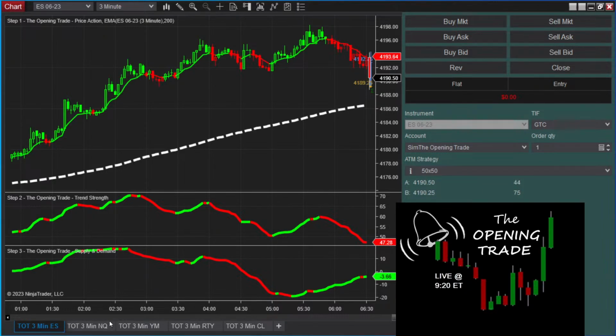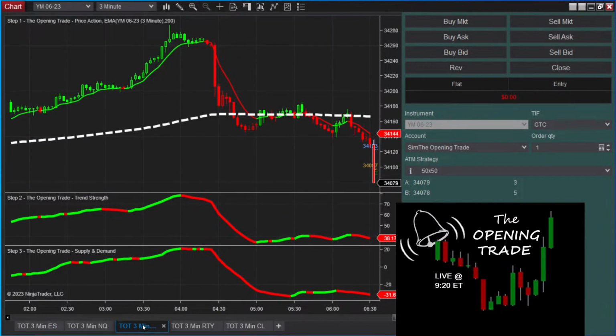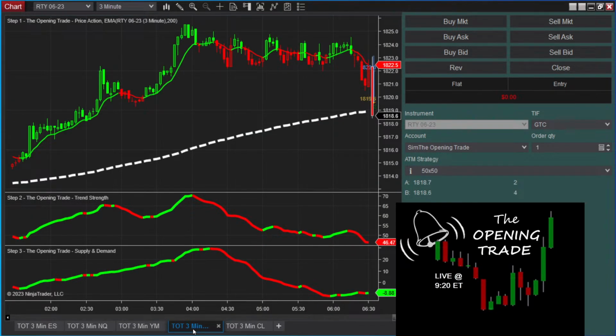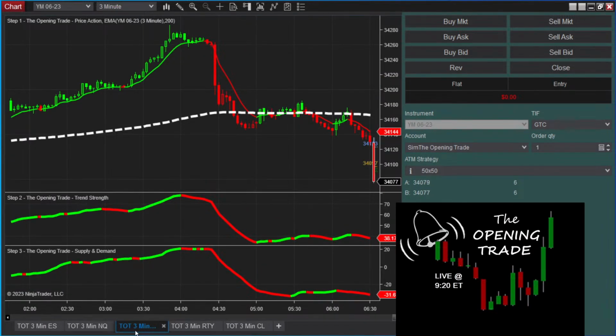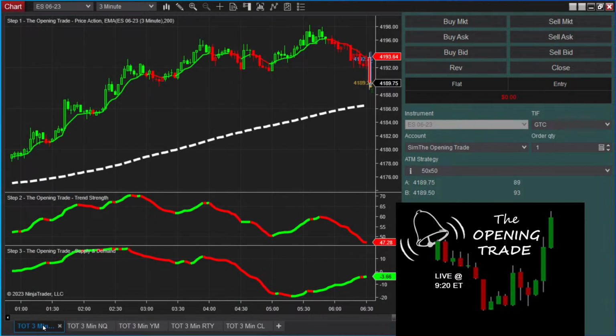All right, so here is S&P 500 futures, of course, NASDAQ futures, Dow Jones futures, and the Russell 2000 futures. We can see that the markets on the Russell and Dow are having really big candles compared to the NASDAQ, which is not as big.